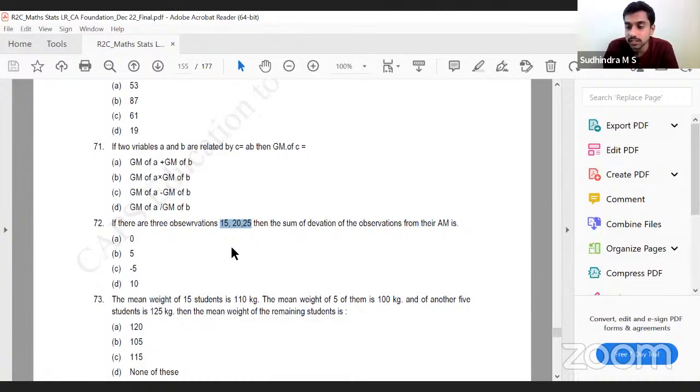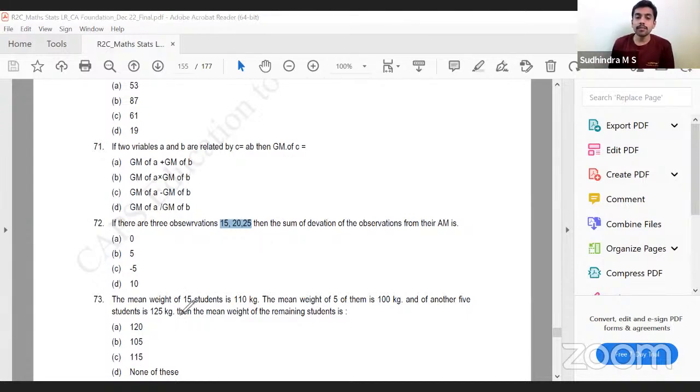Mean weight of the remaining students. 105. Yes, it is 105. So it is combined arithmetic mean, but we have three values.